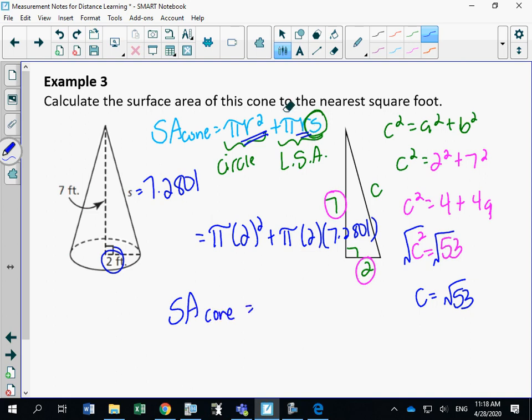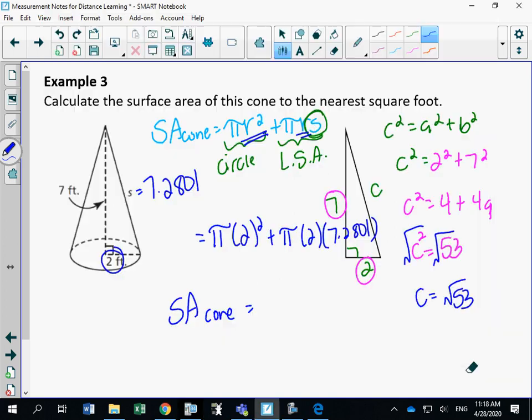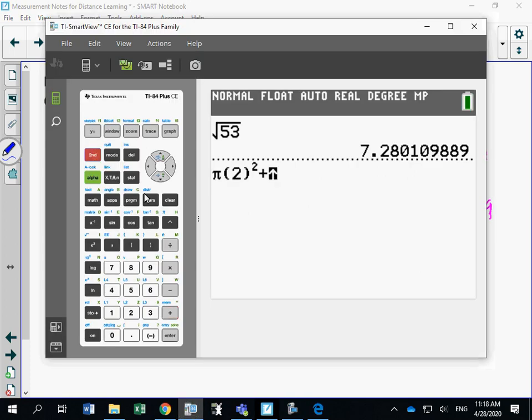Pi 2 squared plus pi 2 and then the slant height.